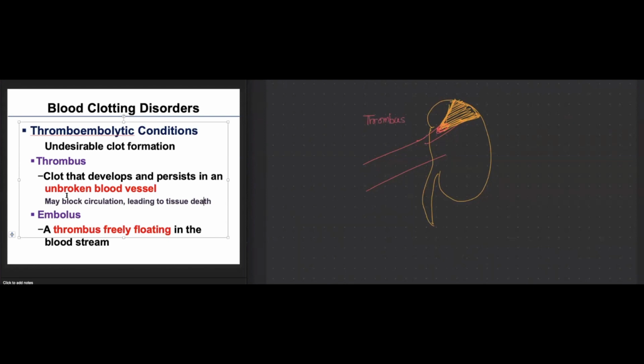An embolus is a blood clot that is freely traveling through the circulation. So a major example of emboli is something that you're usually going to alert your patients about after a surgery.